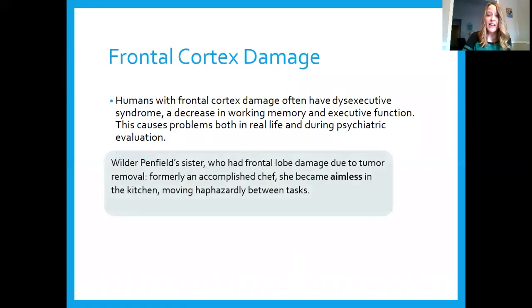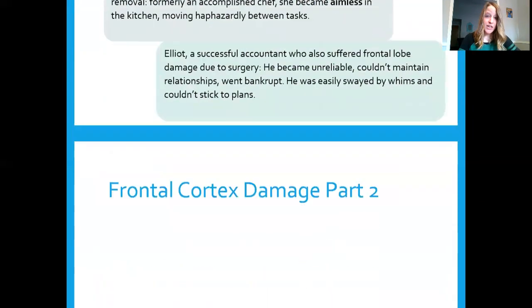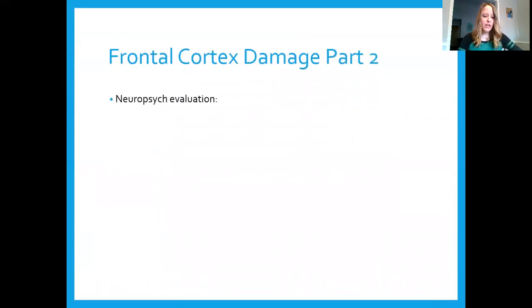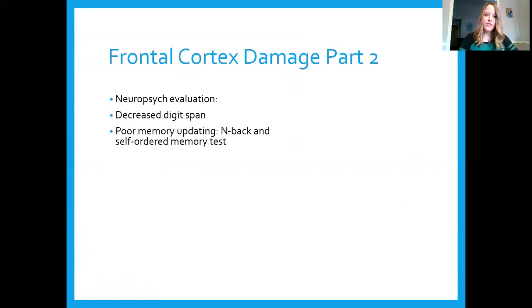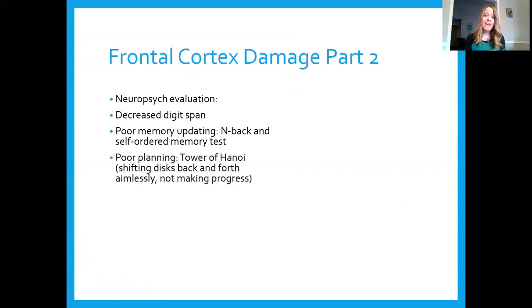Your book has a few examples of individuals who have experienced such damage and the resulting deficits or disruptions in things like goal planning and response inhibition, and even in terms of updating information in working memory. Individuals with frontal cortex damage may have decreased digit span, right? They may have difficulty completing some of these short-term and working memory span tests that we've been talking about.